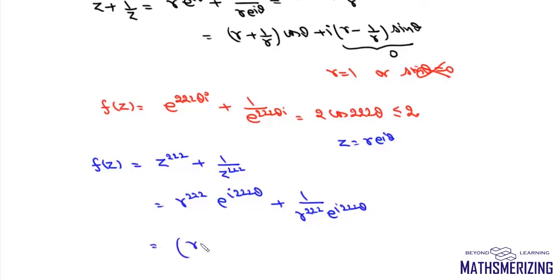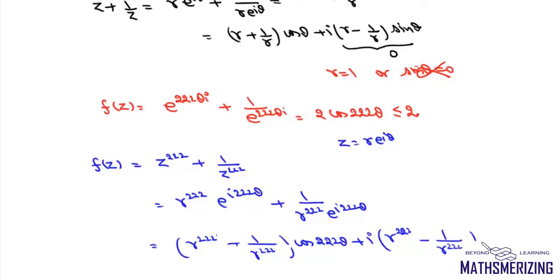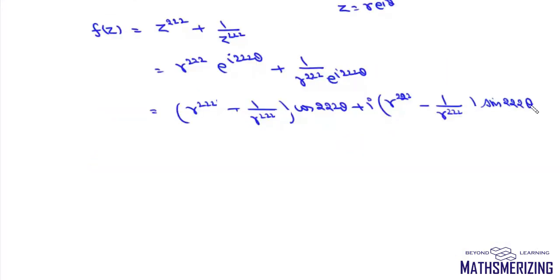Now we can write this as (r^222 + 1/r^222) cos 222 theta plus iota (r^222 - 1/r^222) sin 222 theta.